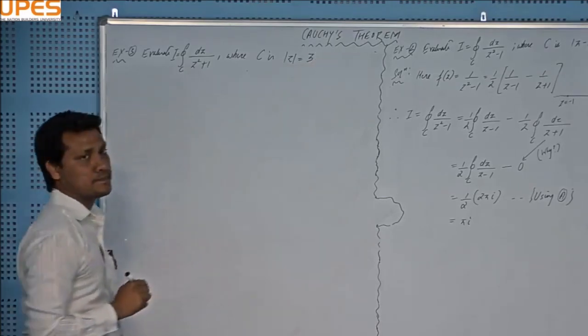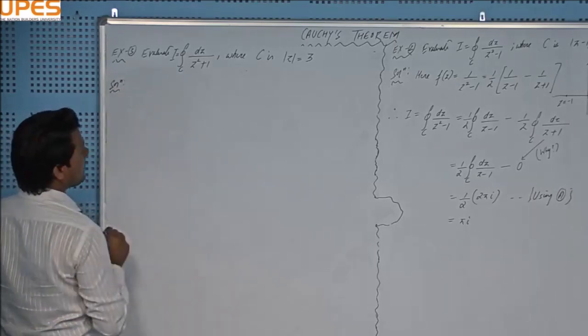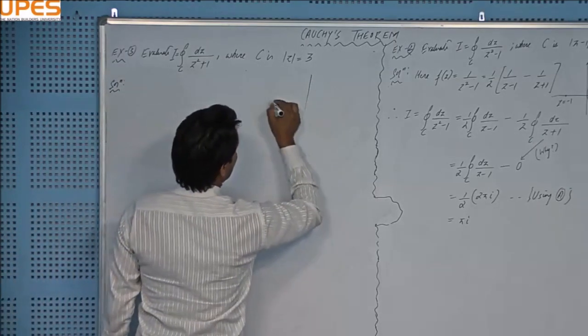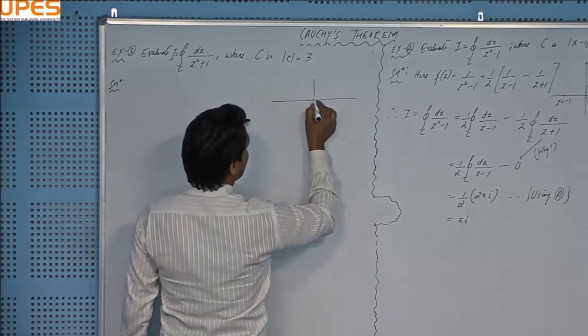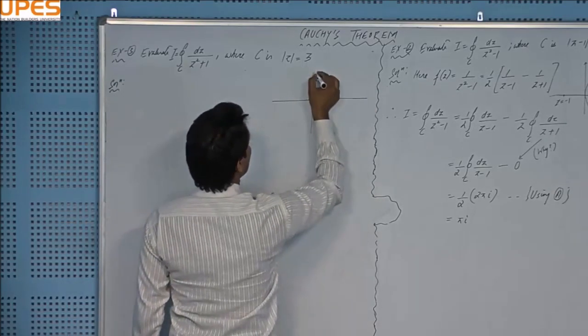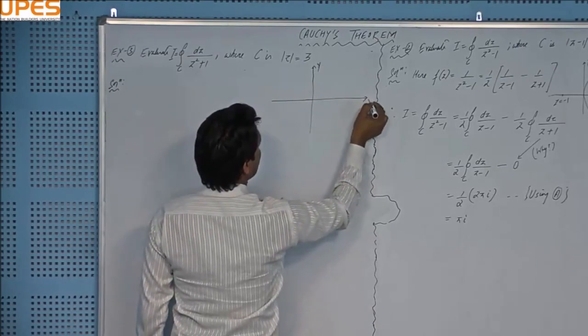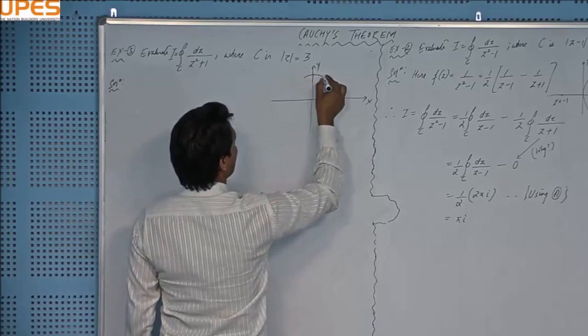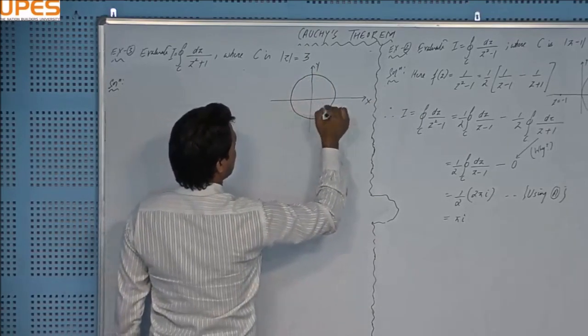That's fine. Okay. Solution. First I will draw the curve, and the circle is centered at origin and radius equal to 3, right? Y-axis, x-axis. So this is a circle of radius equal to 3 and centered at origin, right?